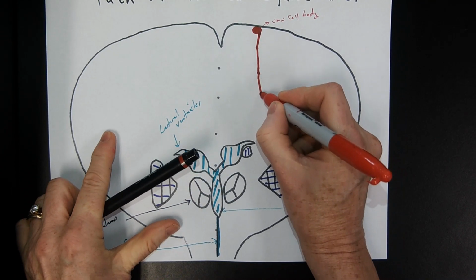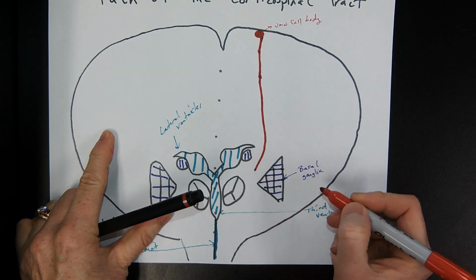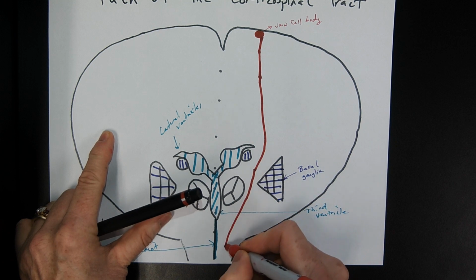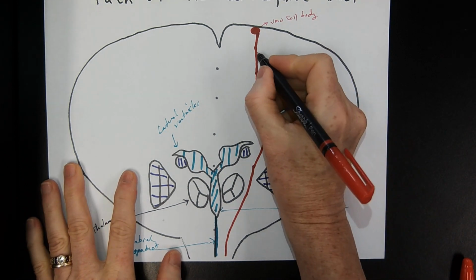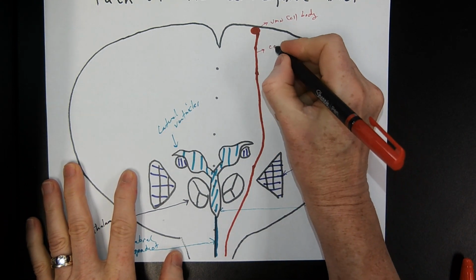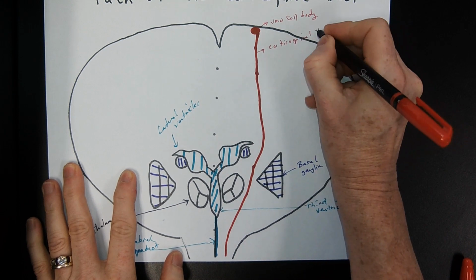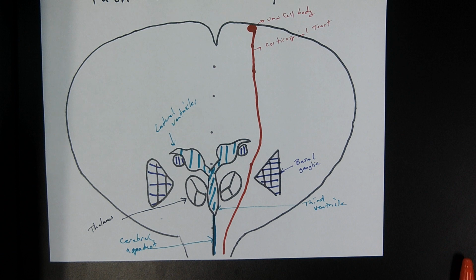The axon travels through this little area between the ventricles and your basal ganglia and stays ipsilateral all the way down through the midbrain. This is your corticospinal tract, responsible for voluntary movement.